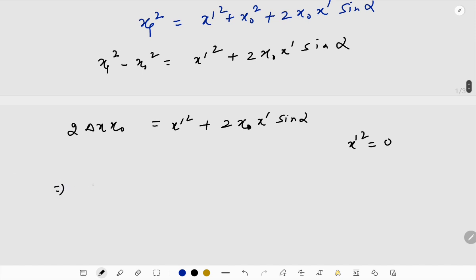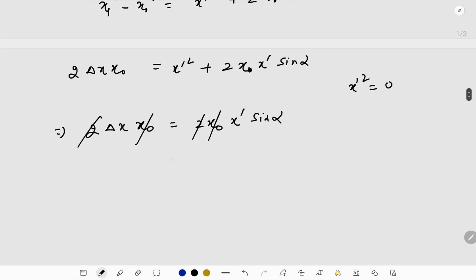So I have the result 2 delta x x0 equals 2x0 x dash sine alpha, and 2 x0 gets cancelled out. I get delta x equals x dash sine alpha.